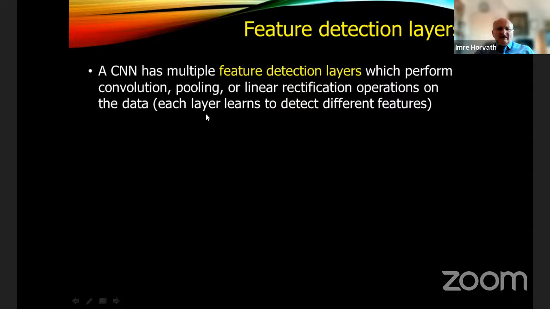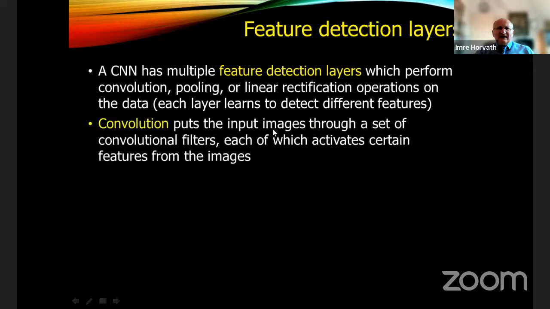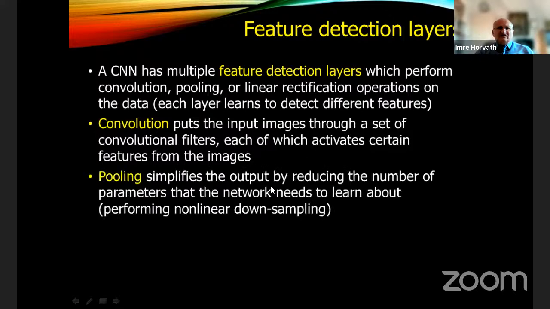So we can say that each layer is designed to learn to detect different features. Convolution puts the input images through a set of convolutional filters, each of which activates certain features from the images. Pooling simplifies the output by reducing the number of parameters that the network needs to learn about.